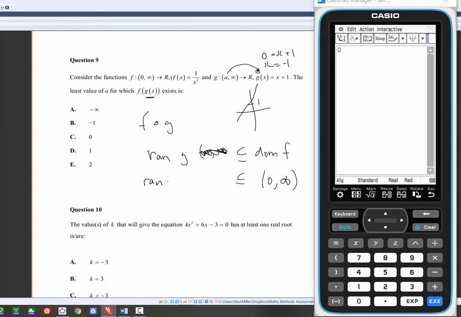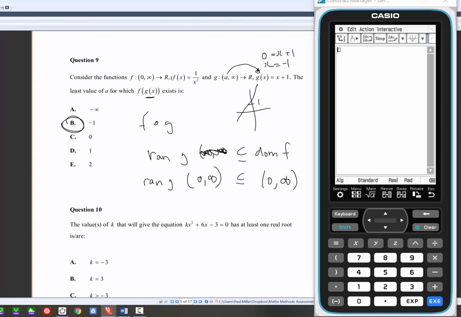So the range of g, if a is -1, will be 0 to infinity, yeah? All right, so it's that value of a that's going to do it for us. So a must be -1 for this to happen, okay?